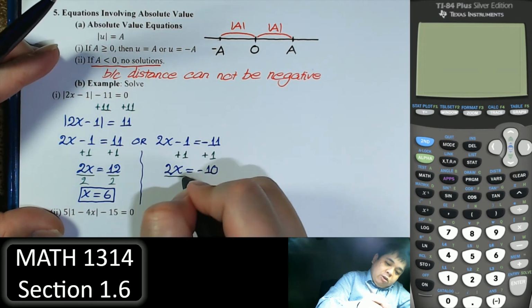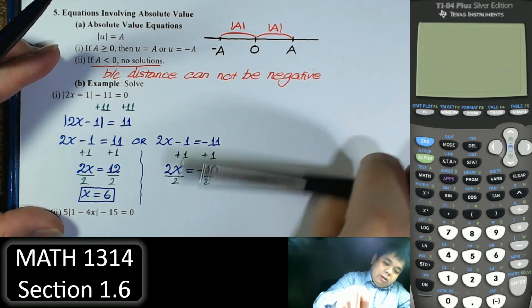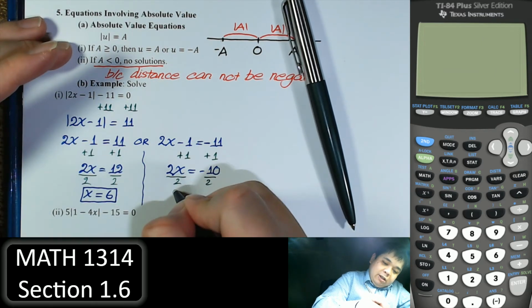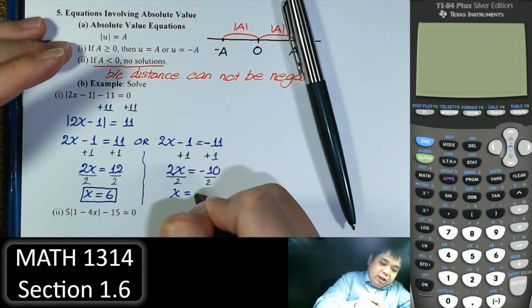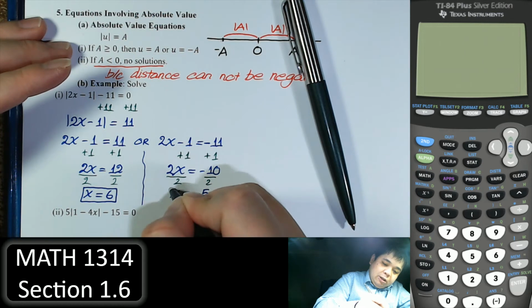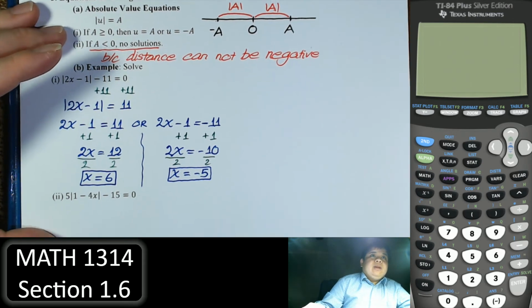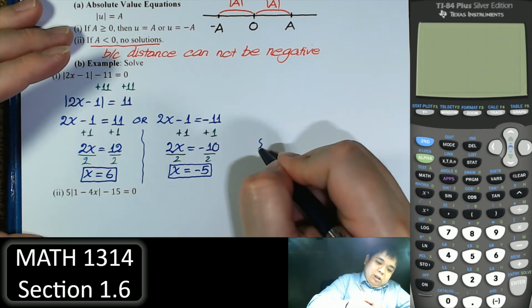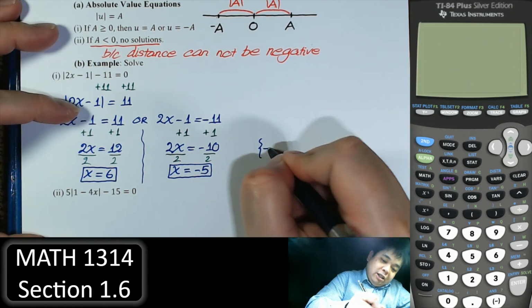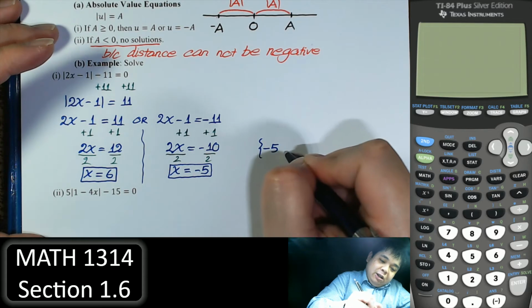Divide by 2 on both sides. We have x equal to negative 5. So we have two solutions. We can put in the solution set, negative 5 or 6.